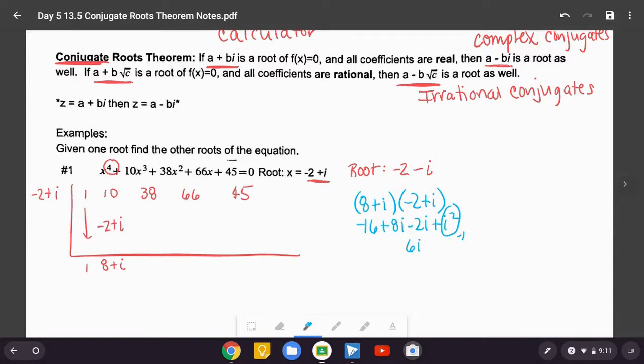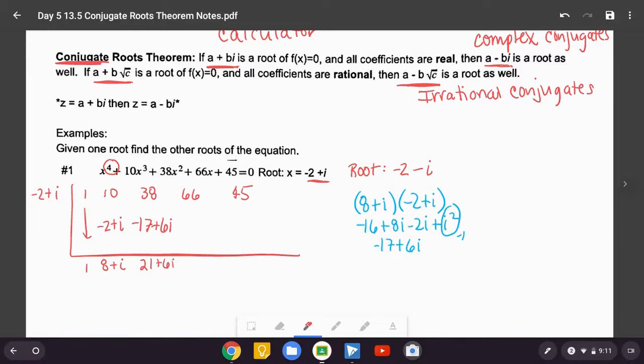So -16 minus 1 is -17 plus 6i. All right, so I'm going to put that in there, -17 plus 6i, and then I add that together, and I get 21 plus 6i.